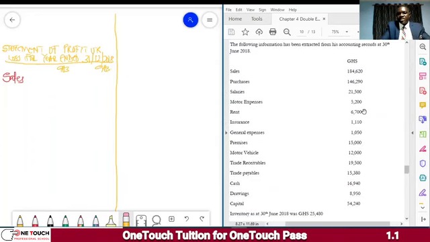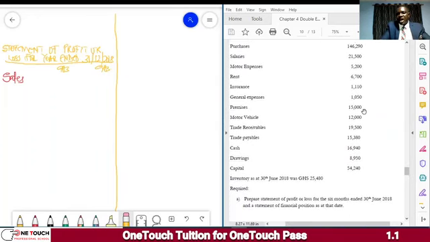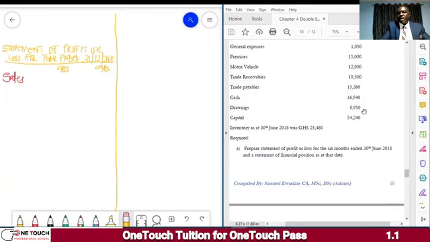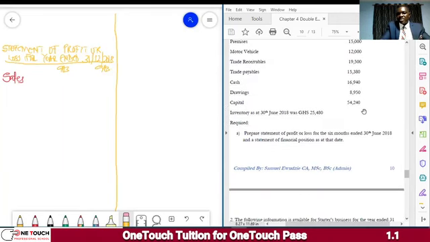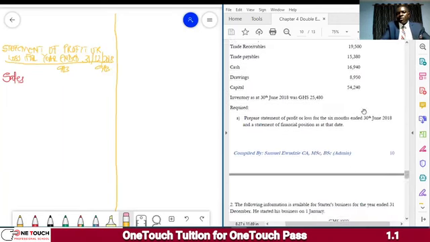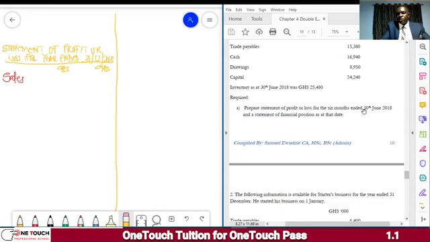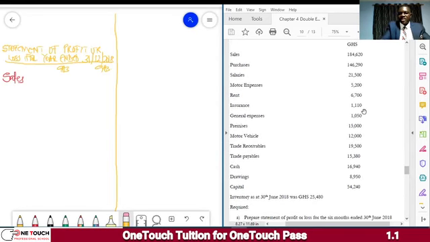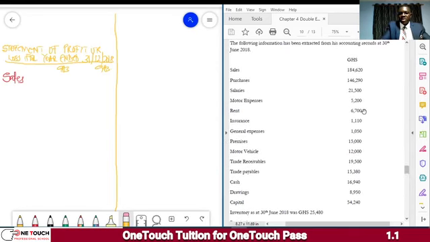So we have sales, purchases, salaries, operating expenses. So these are transactions, right? We have inventory at 30th June 2018 was this. Required: prepare a statement of profit or loss for the 6 months ended 30th June 2018 and a statement of financial position as at that date. Good. Because I have this side by side, that will be helpful.